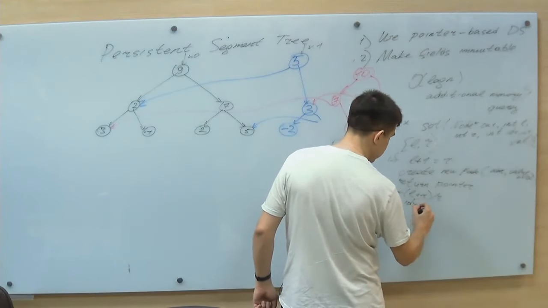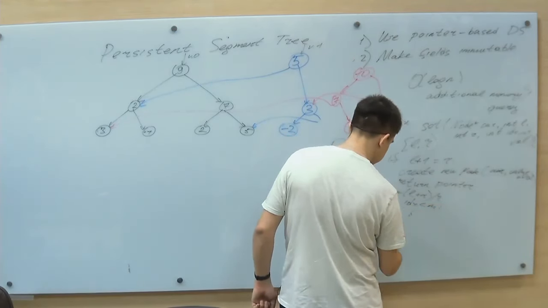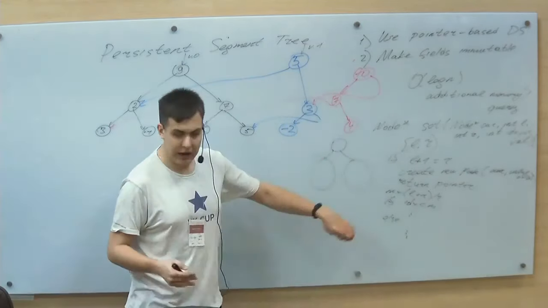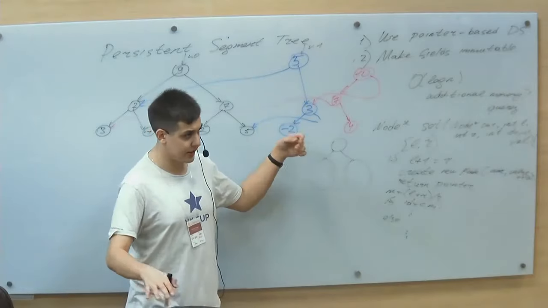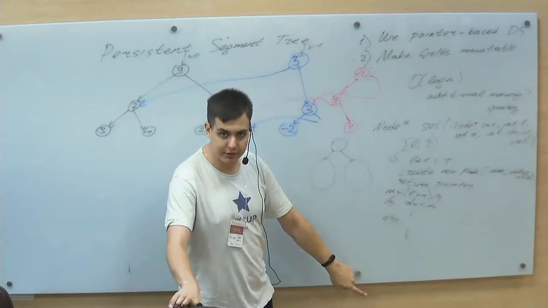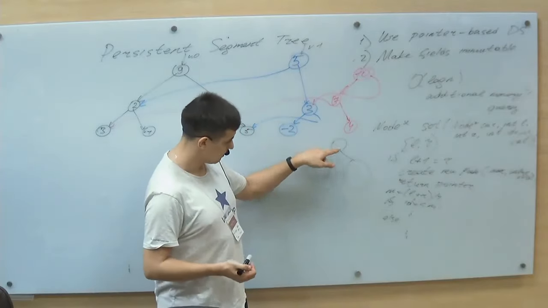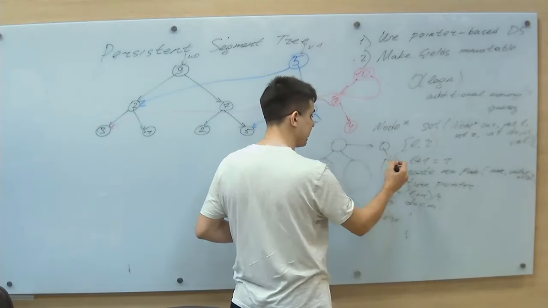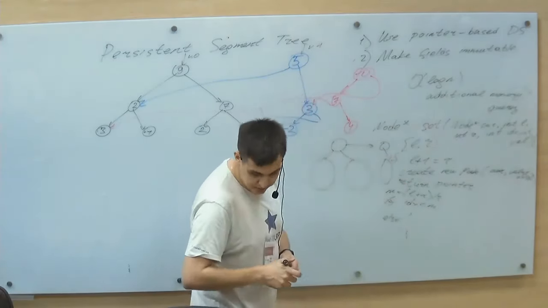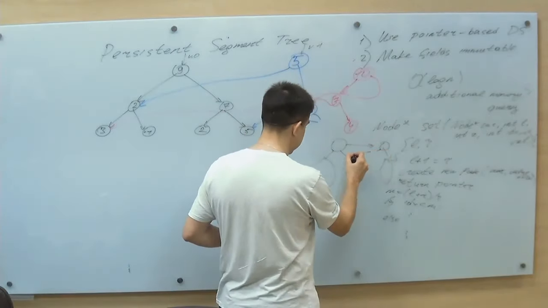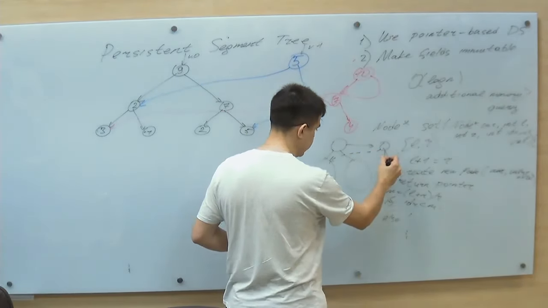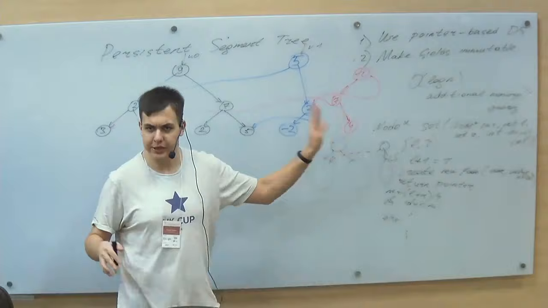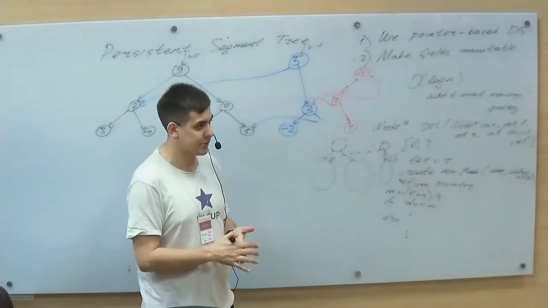If index is less than m, go one way, otherwise the other. After we did the recursive call, we collect the new left pointer or the new right pointer, and we assemble the copy of that node. So maybe the left subtree is the same, but the right subtree is a new one. And we return it, and this way we'll propagate back to the root.